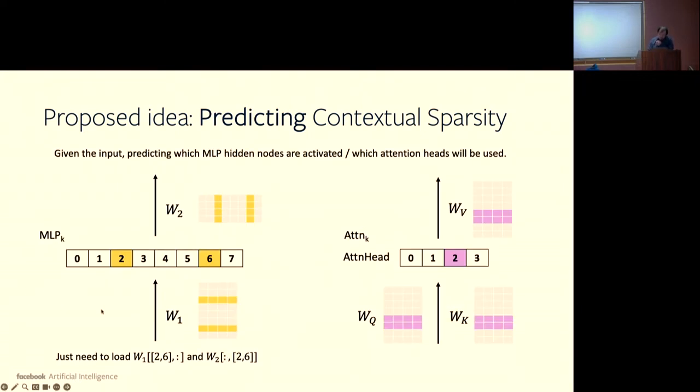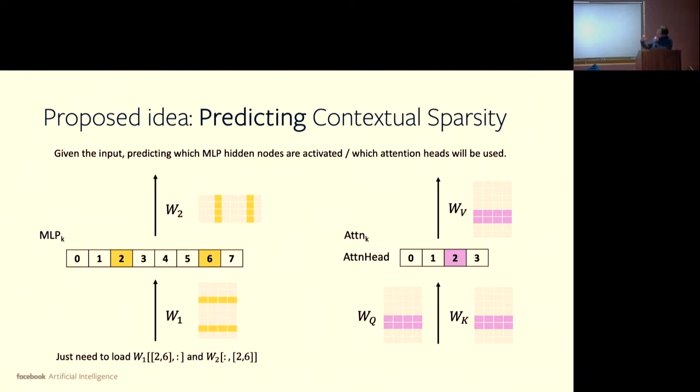It's very simple. The reason why we want to predict that is because if we know that in an MLP layer only the second and the sixth activation will be activated, then we only need to load the corresponding rows and columns of the two weights. This loading is much faster, because you have fewer weights to load.